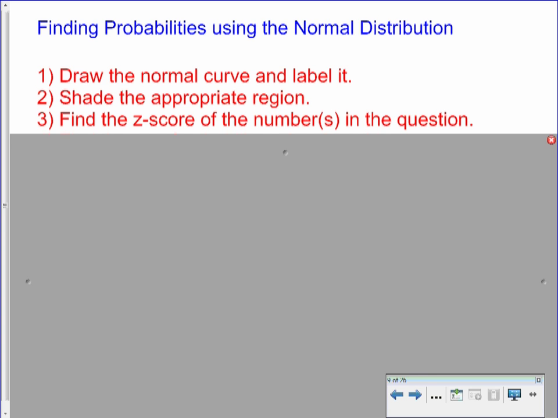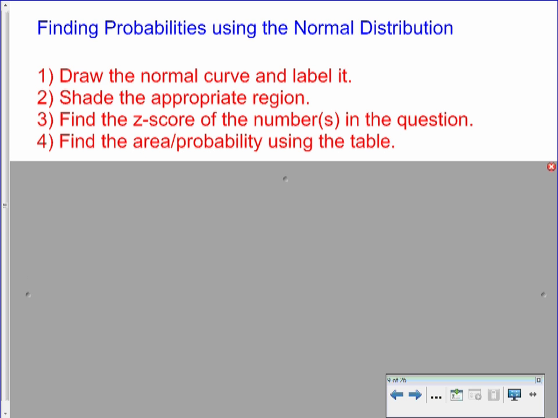Once you have your z-score, then you can go to your table and figure out what the probability is that is appropriate for your situation. Of course, if it's something that's greater, then you might have to do that 1 minus. If it's between, you have to subtract two values, and you have your probability.